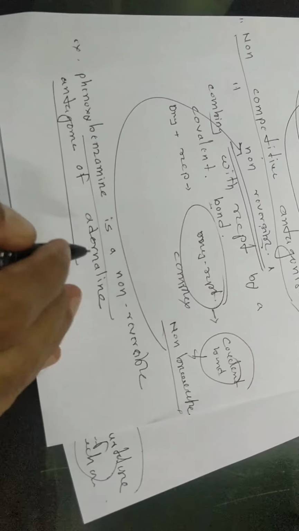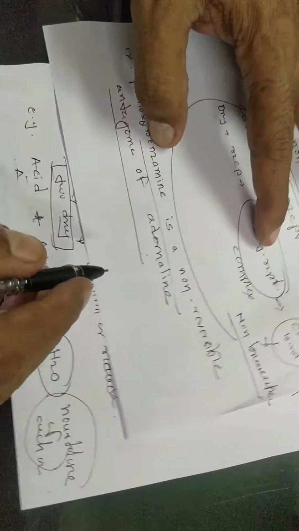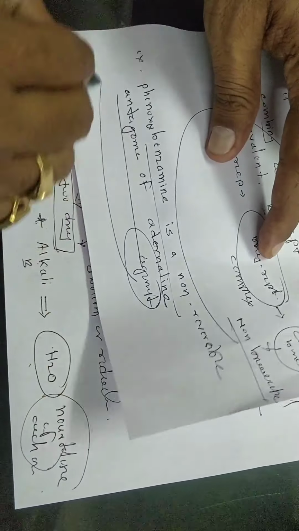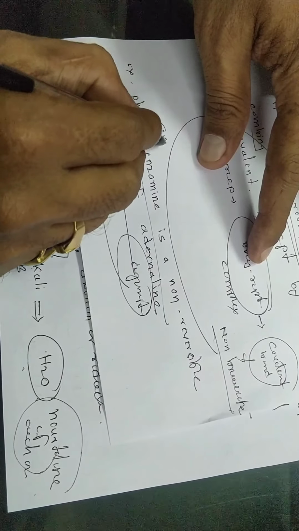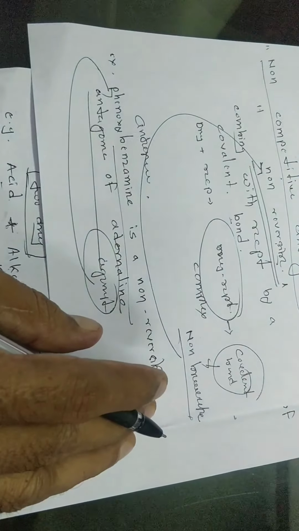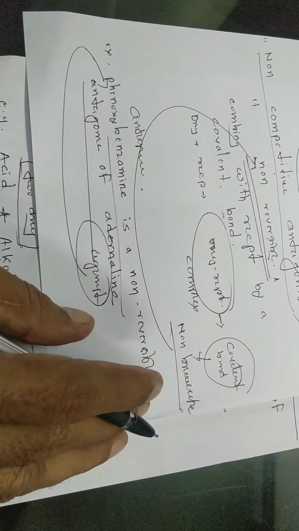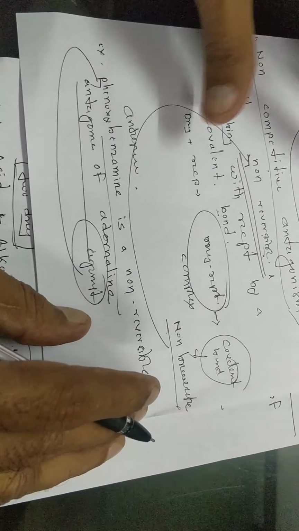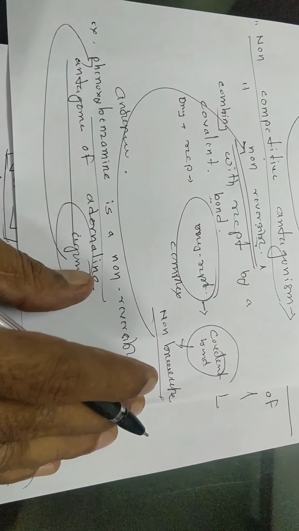Adrenaline is the agonist, acted on by phenoxybenzamide, which acts as the antagonist. Okay. Now this important topic is over.